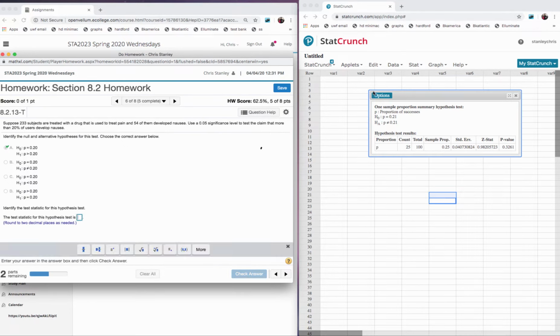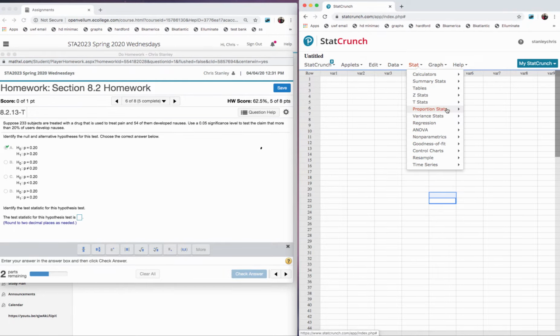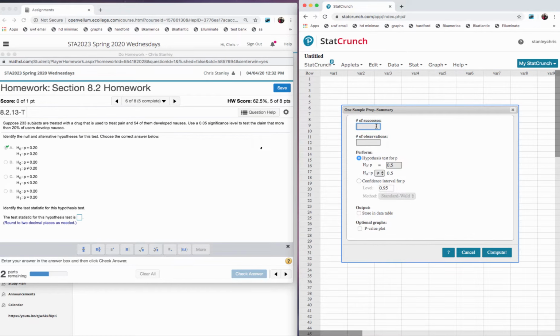Okay, so we need to run the data. Now remember, every time here, I'm hitting prop stat. One sample and summary. Successes would be how many successes, which was 54. Observations is how many subjects there were altogether, 233.